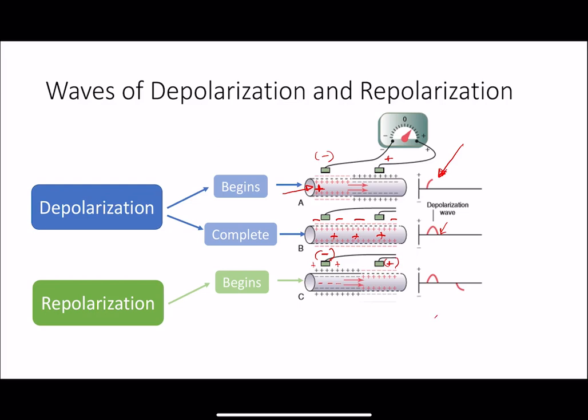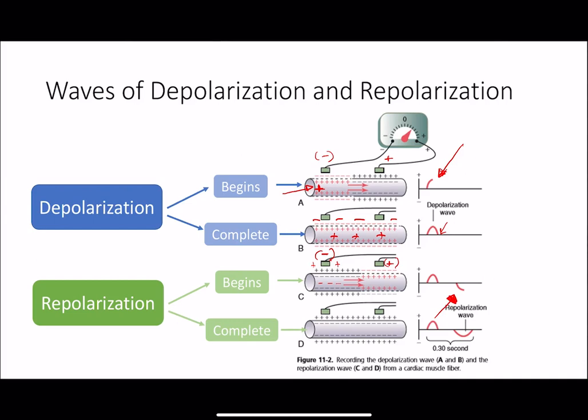Because it's negative, the graphical description of this electrical moment would go into the negative direction. You'd go below the isoelectric line. When repolarization is complete, the entire inside is negative, everything in the outside is positive, and once again, there is no difference between your reference and your exploring electrode, so you go back to baseline. It's back to 0. So that's kind of the fundamental principles of how we get the curves, the lines that show up on our EKG lead.